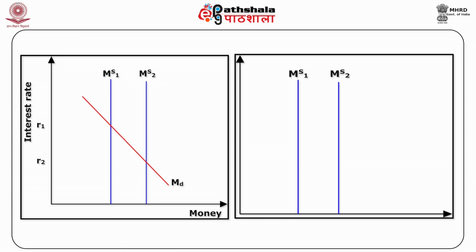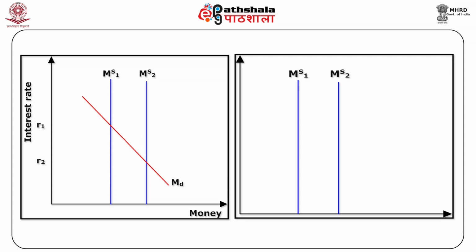Under normal circumstances, the money demand curve is downward sloping, and an increase in money supply reduces the interest rates as shown in the figure. In case a liquidity trap occurs at the zero rate of interest, as in the case of the US, the money demand function becomes horizontal and is aligned with the horizontal axis as shown in the figure. In this case, any increase in money supply is held by the public with no consequent reduction in interest rates.